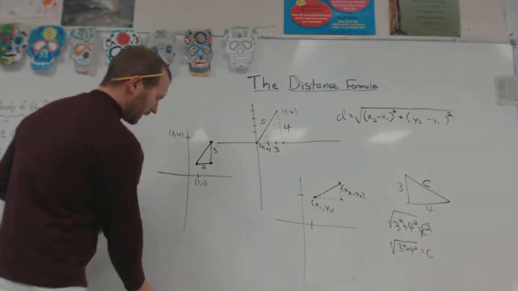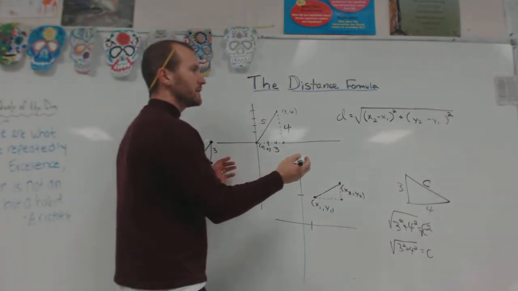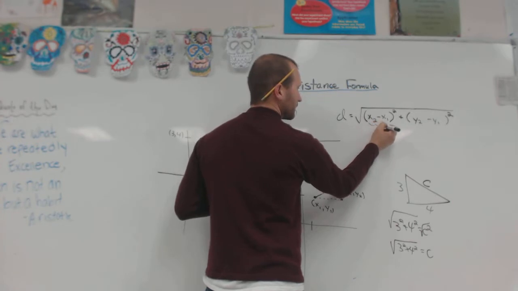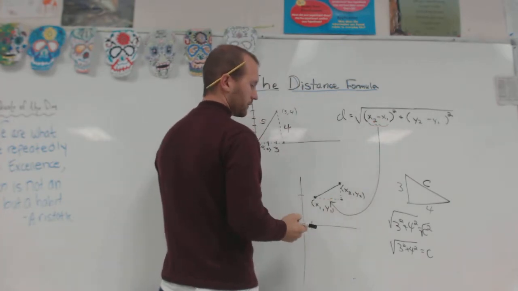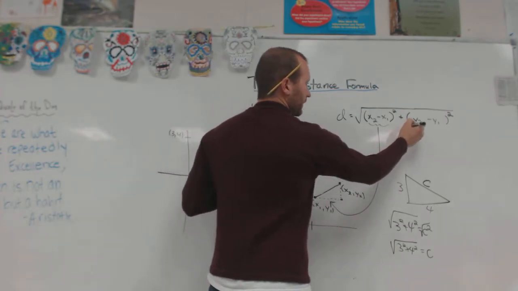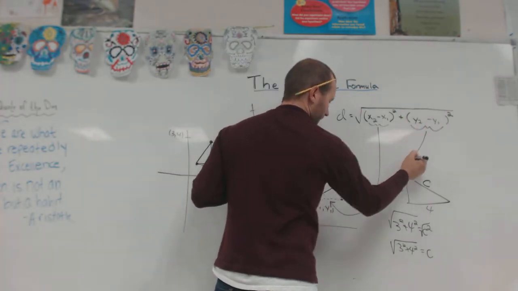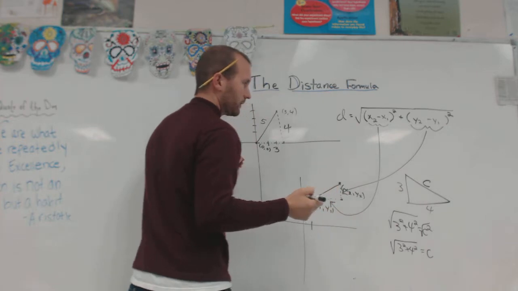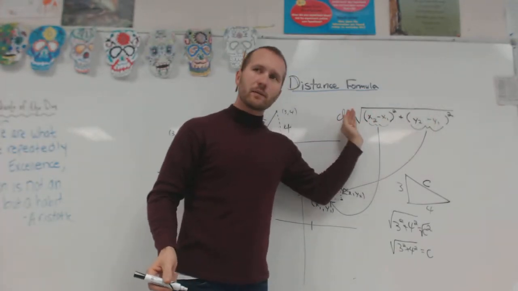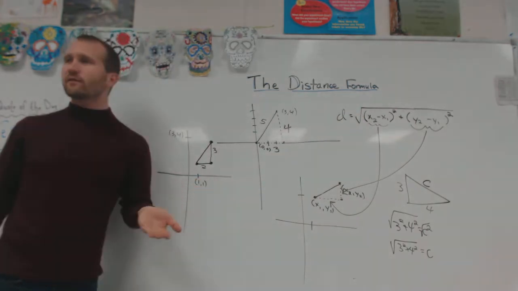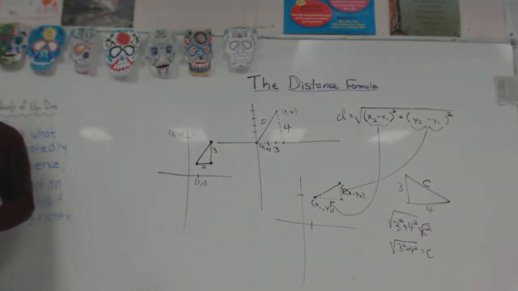So what we have is this side of the triangle, and this whole thing is this side of the triangle. So we're squaring those, and then we're taking the square root just as if this were the Pythagorean theorem.